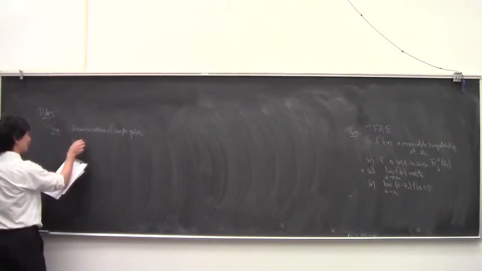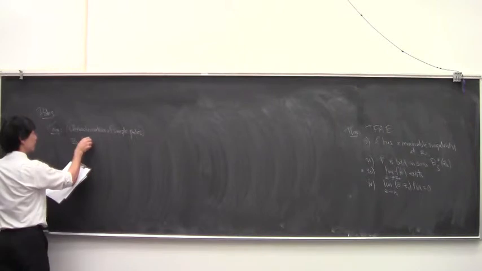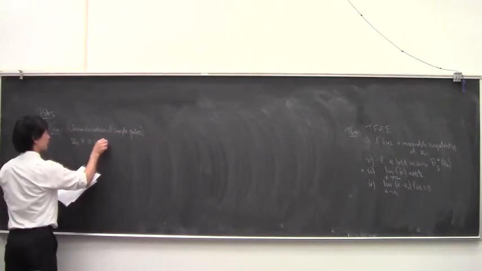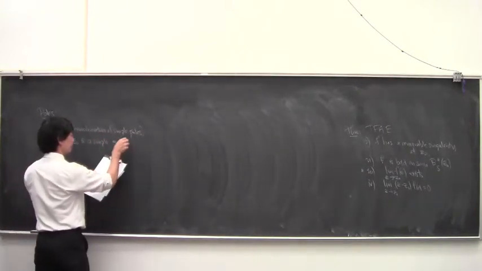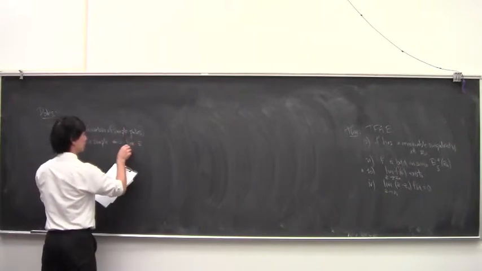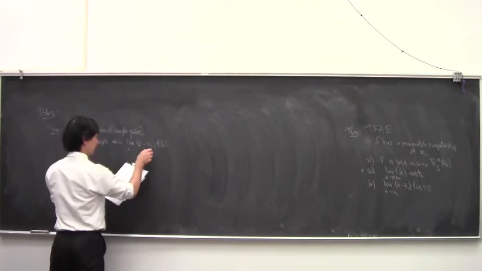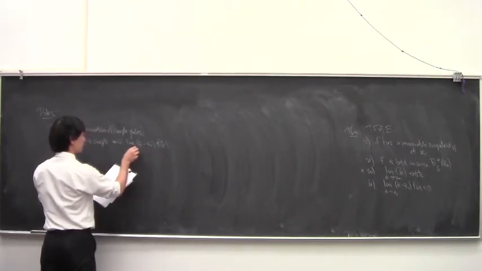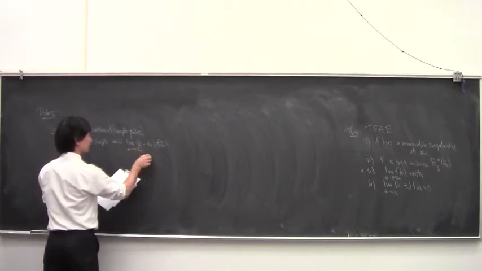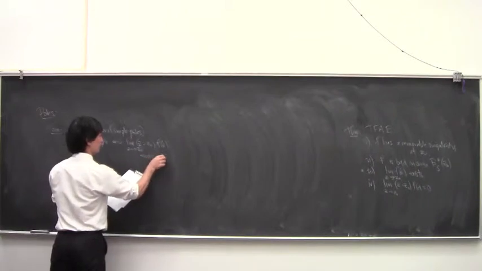So z0 is a simple pole if and only if the limit of z minus z0 times f of z as z goes to z0 exists and is non-zero.